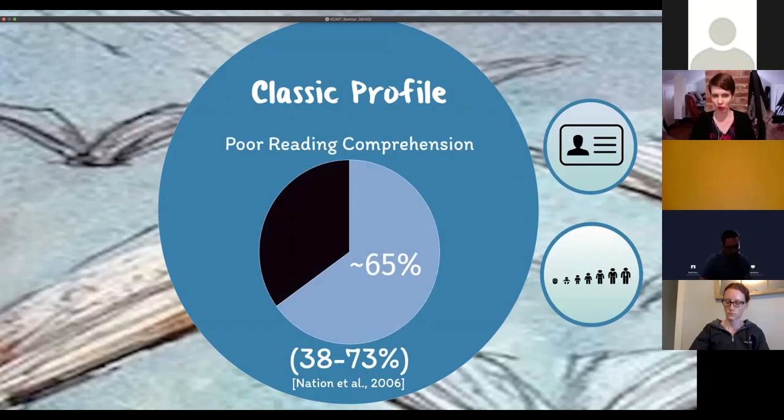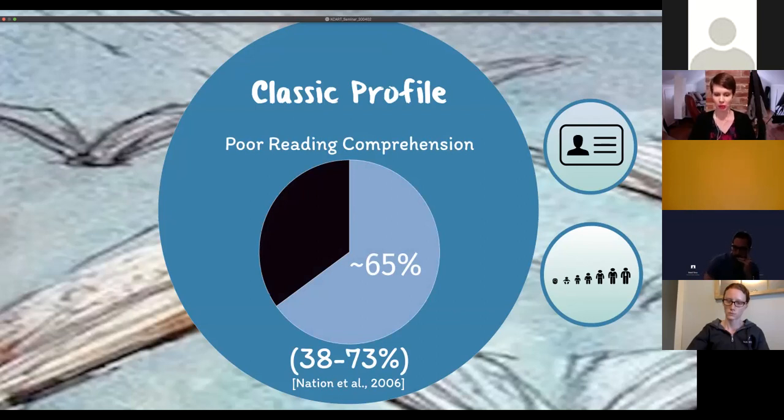Sometimes other people have referred to it as hyperlexia. There's some arguments for not using that term, considering that hyperlexia is often contingent on seeing reading skills early, before the age of 3, which is rarely captured. So even if later in development children are struggling with comprehension, we still want to identify that profile.